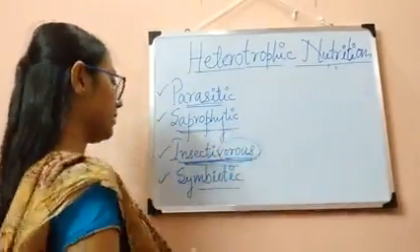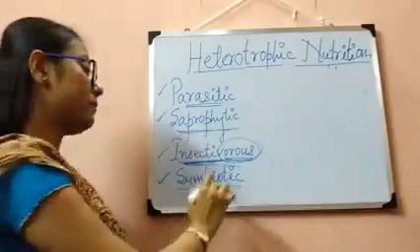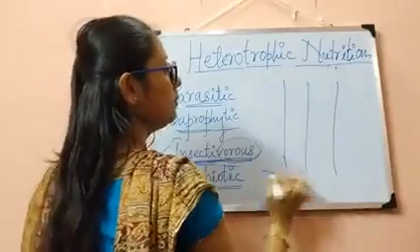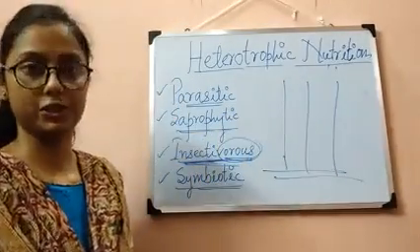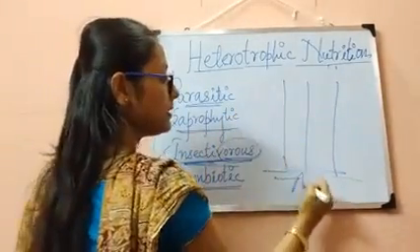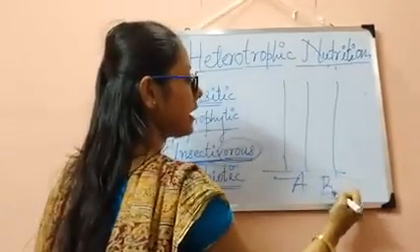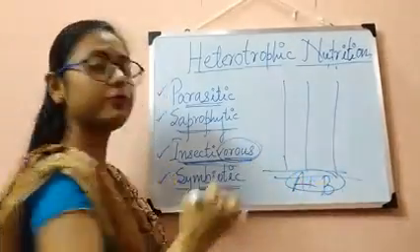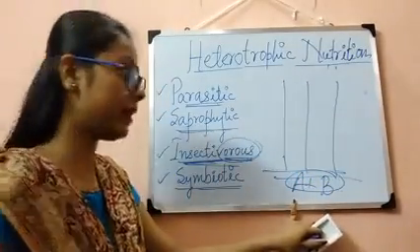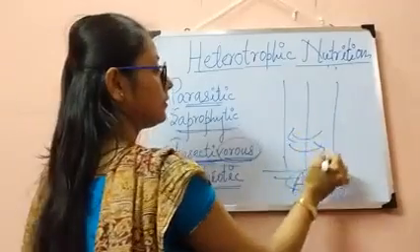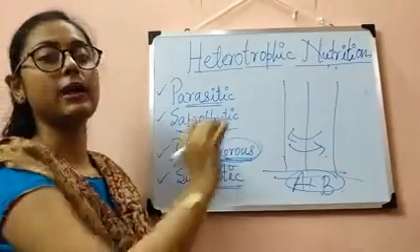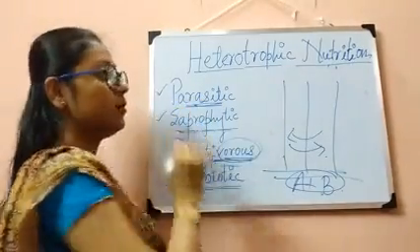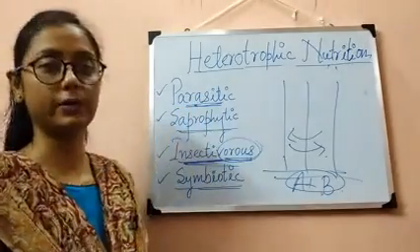And the last is the symbiotic relationship or symbiotic mode of nutrition. This is a mutual benefit relationship. Suppose this is organism A and this is organism B. Just like the parasitic mode, there is also an association of two different organisms, where both benefit from each other. In the case of a parasite, only one is benefited and one is the helper.